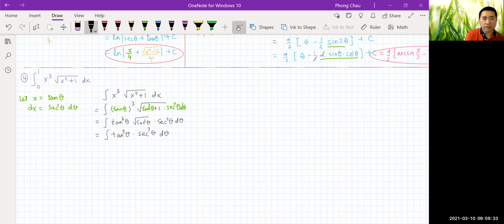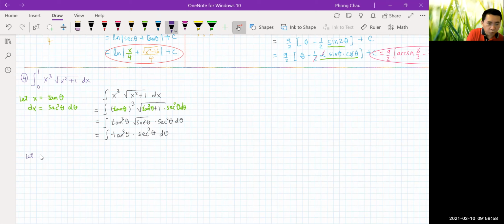Now in this case, I don't think the tangent works. You can try and figure that out, but apparently it doesn't work if you let u be tangent, since you get tangent squared and one secant left. So we're gonna do another substitution here.